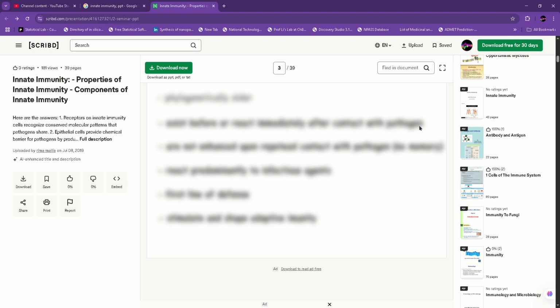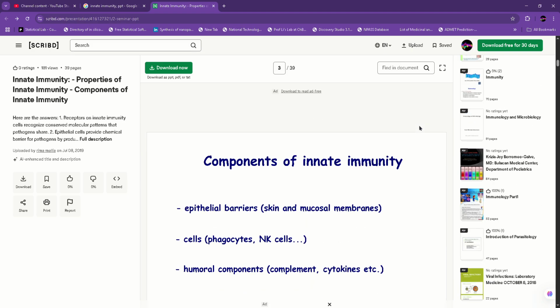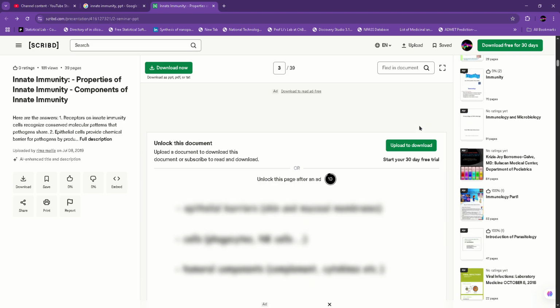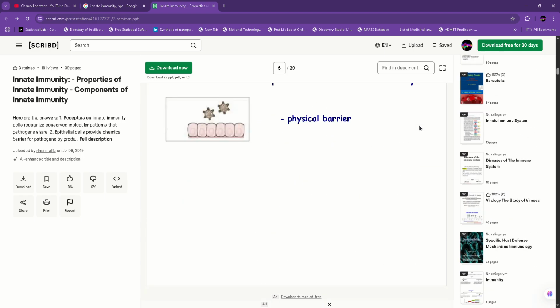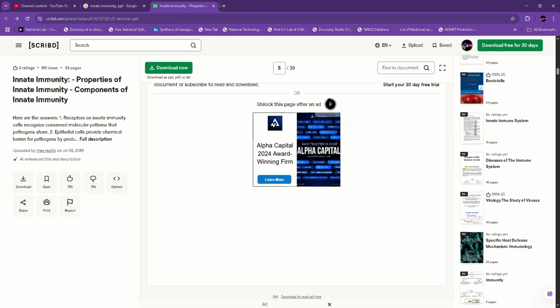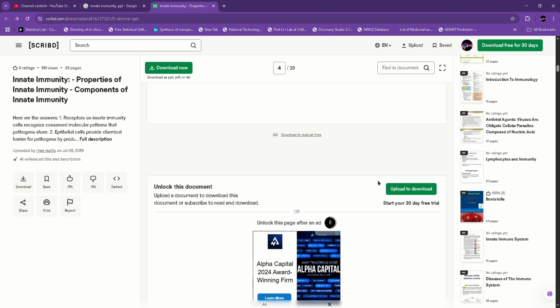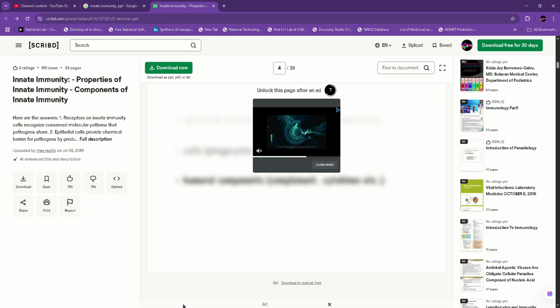In the components of innate immunity, we see that it has different components, and these components are physiological barriers and anatomical barriers, for example skin and epithelial lining.